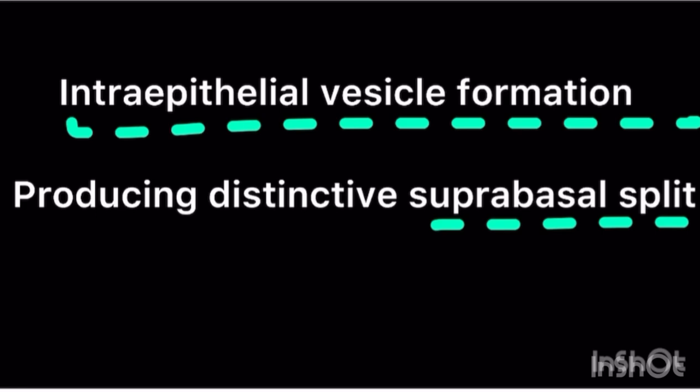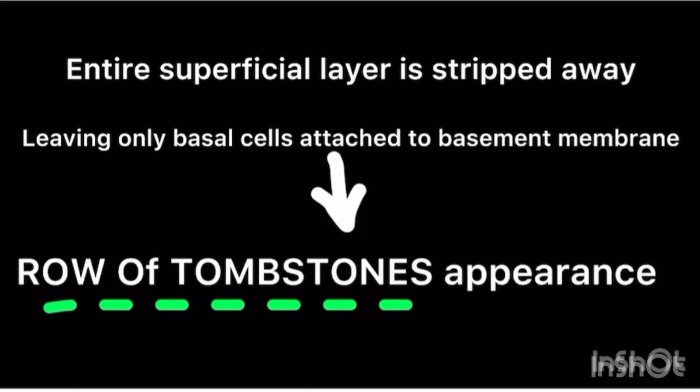So intraepithelial vesicle formation producing a distinctive suprabasal split. And then the entire superficial layer is removed, and only basal cells will be left, attached to the basement membrane, and as a result the appearance is a row of tombstones. It looks like tombstones in a row, that is why it is called row of tombstone appearance.